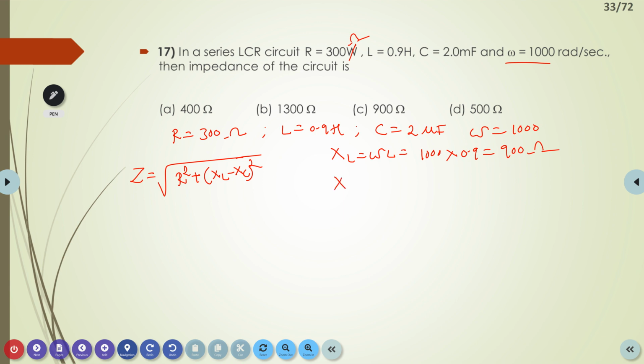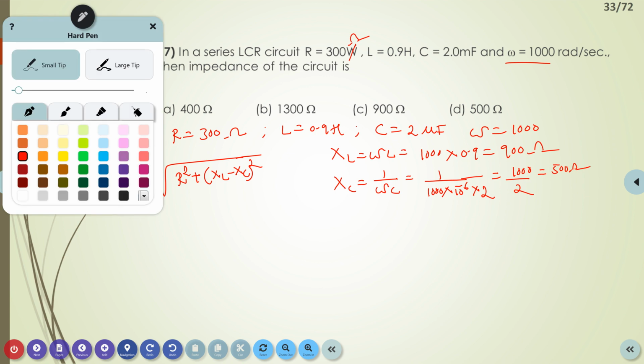Then XC equals 1 divided by omega C, which is 1 divided by 1000 into 2 into 10 to the power minus 6. This comes to 1000 divided by 2, which is 500 ohm. We know XL, XC and R.